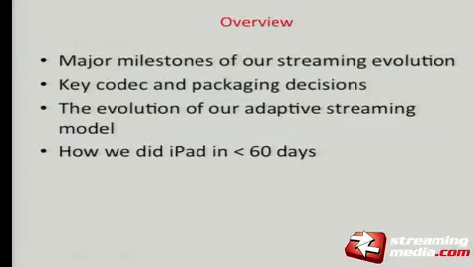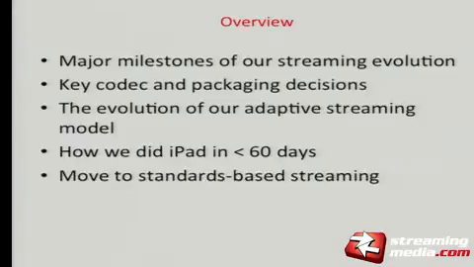And in there, I'm going to explain how we actually did iPad in less than 60 days, which was one of the more notable achievements of my time at Netflix. And I'm also going to talk about our move to a standards-based streaming model, which is where we are today.